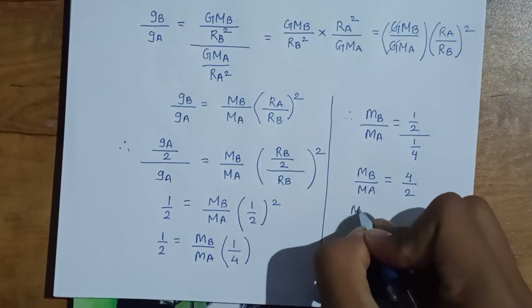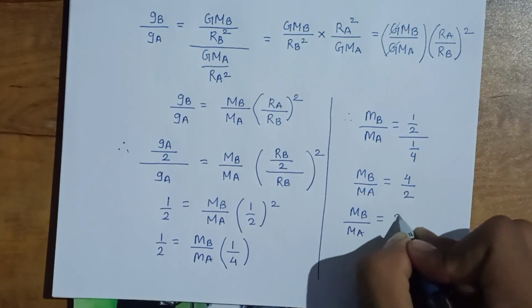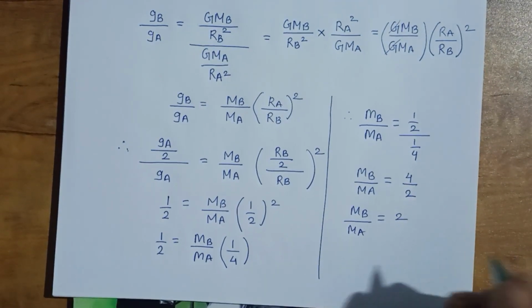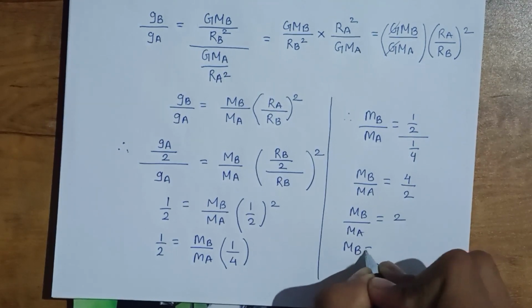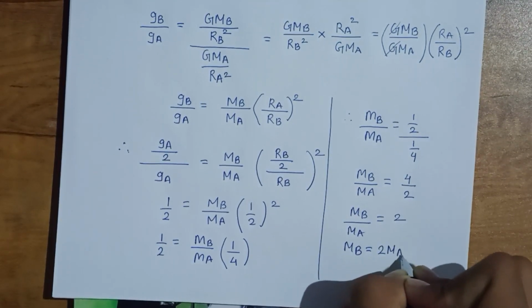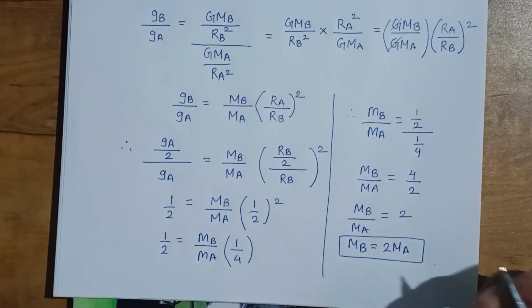So this is equals to MB by MA equals to 2. Okay, so we want in terms of MB, so we will write MB as it is and 2 MA. So we have got the value of MB, that is the value of MB is 2 MA.